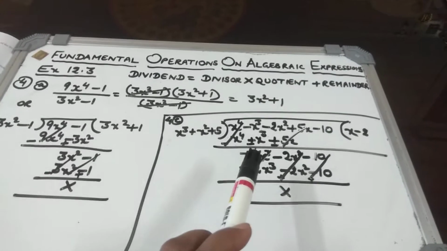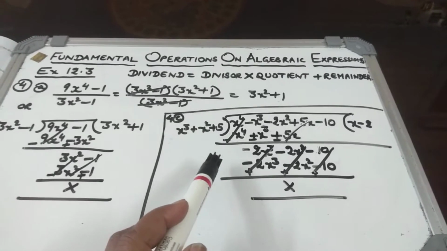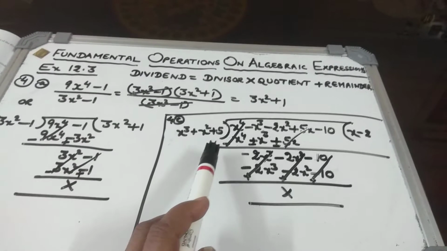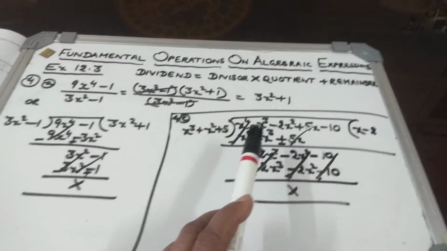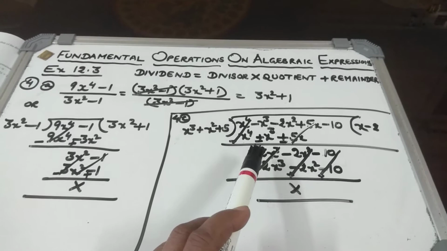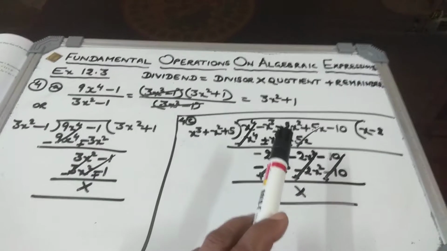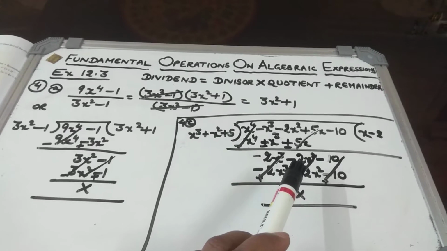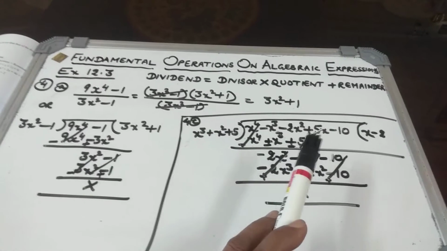Now subtraction is to be done as usual. I told you division you have to do next step. So this gets cancelled, x to the power 4 minus x to the power 4. Now here x cube minus x cube will be added, both negative signs. So minus 2x cube. Now minus 2x square will come down and plus 5x minus 5x will get cancelled.